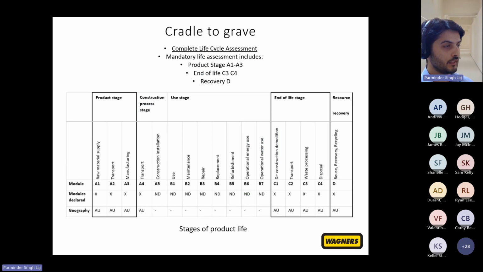As an EPD is an LCA assessment, basically it follows the same format. So LCA assessments have all the product stages: manufacturing, construction, emissions associated with usage, end of life, and any sort of recovery that the material can go through.